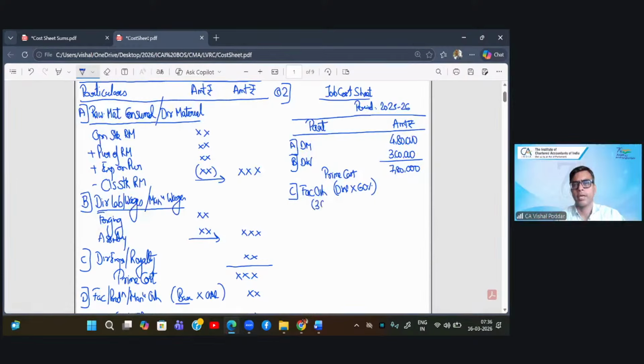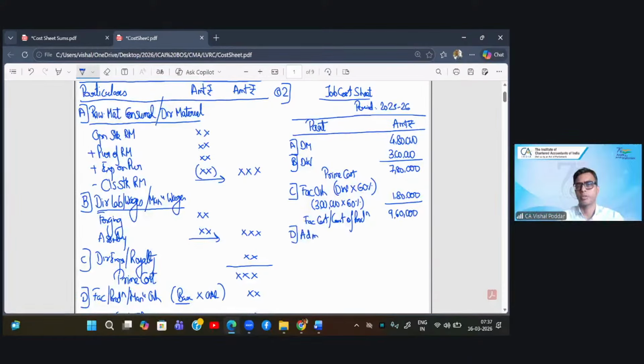Correct. How much is my direct wages here? 3 lakhs into 60%. So it is 180. So my factory cost and even my cost of production both will be 960.